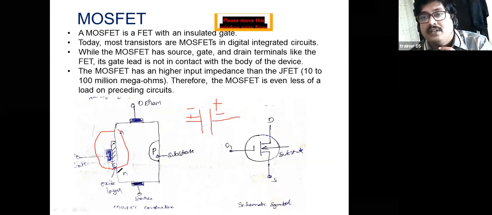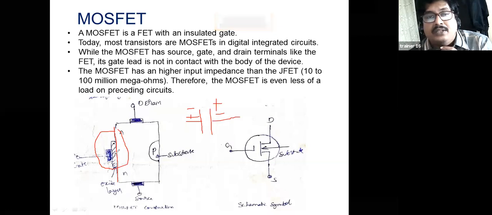Remember this point. In a MOSFET, if you consider this is an N channel plate, on the N channel plate the oxide layer, that is silicon dioxide, acts as an insulator, that is a dielectric, which is deposited on the N channel plate, and thereby the gate is mounted on that oxide layer.